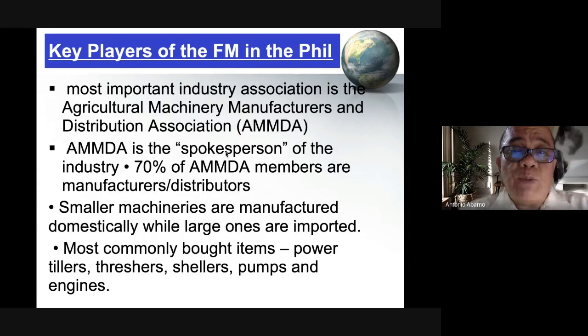Okay, smaller machineries are manufactured domestically by small, we call them fly-by-night fabricators, but the most commonly bought items are the power tillers, threshers, shellers, pumps, and also engines. But as I have said, engines, which are the prime mover, are basically imported.